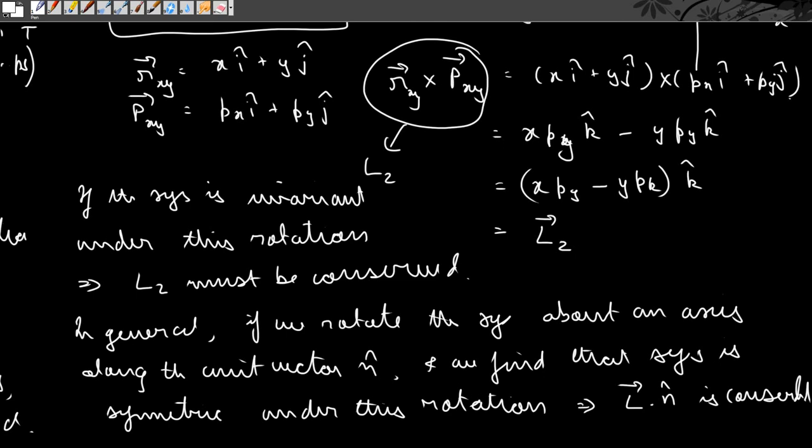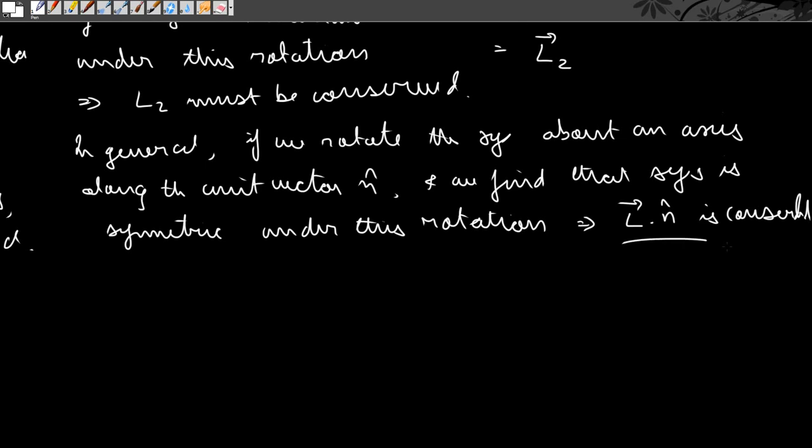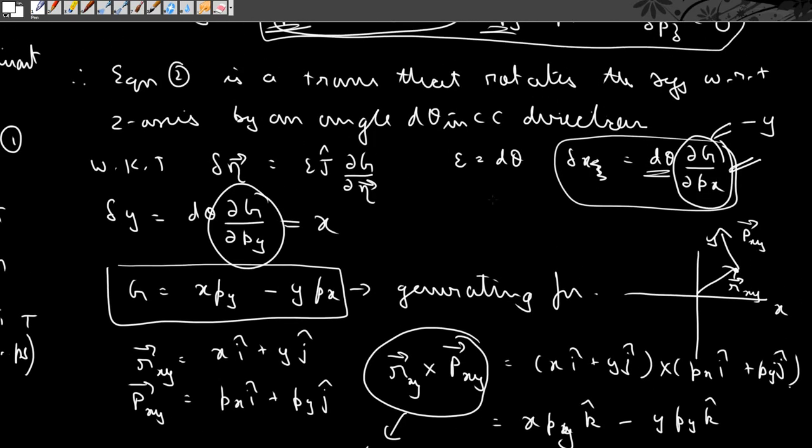Okay, so that is our second example, and nothing special here. If this is our x, y, z plane and we rotate the system about this axis, say, then this becomes our n hat. We can always rotate our coordinate axis in such a way that z is going to coincide with n hat, and we can perform the same calculation.